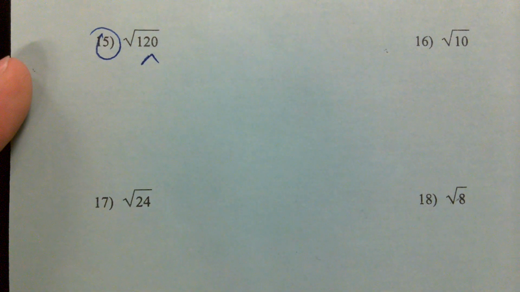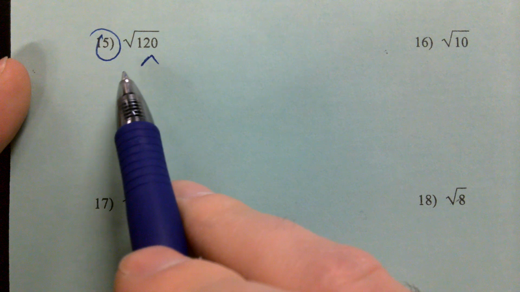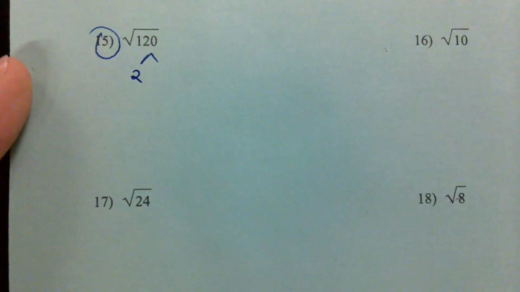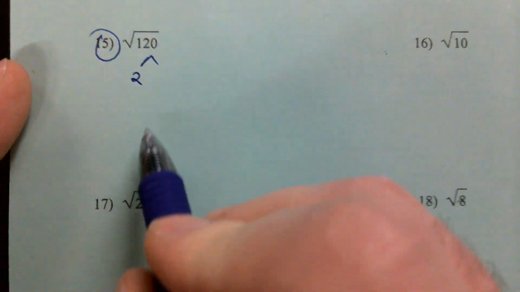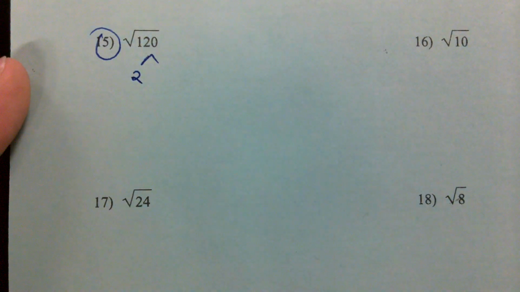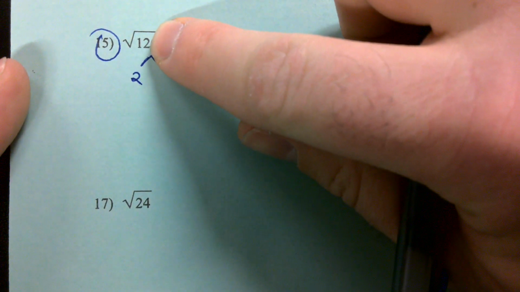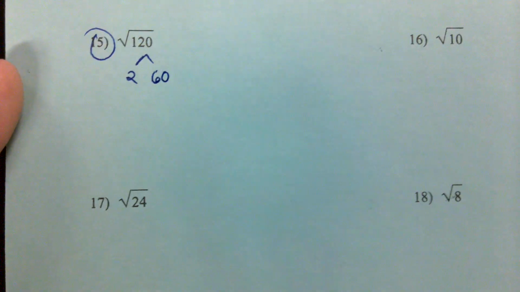It's even, right? Every single even number can be divided by 2. So how many times would 2 go into 120? 60, right? If you take off the 0, how many times would 2 go into 12? 6 times. So then we add the 0 back on.